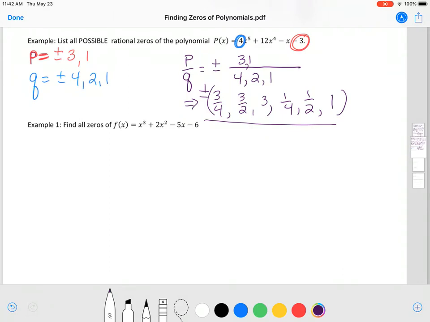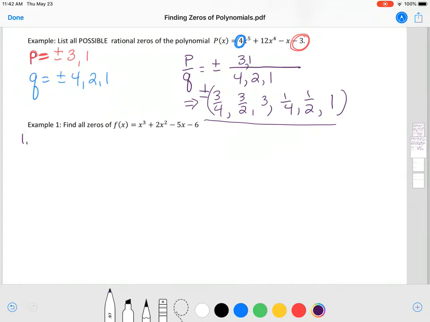Okay, so now that we went through an example on how to use the rational zero theorem to find the possibilities, what I want to do with you now is to actually go through and use that to find the zeros of a polynomial. So I'm going to go through the steps with you.